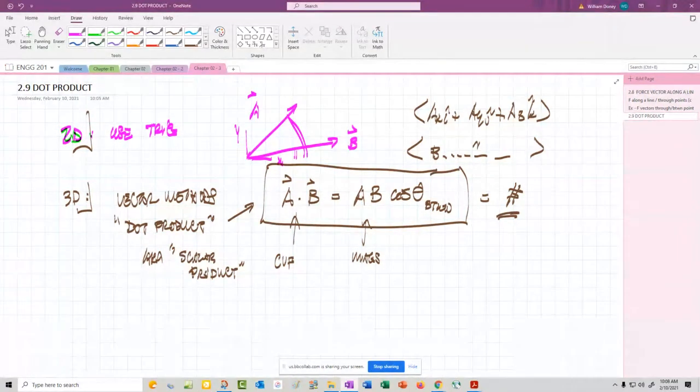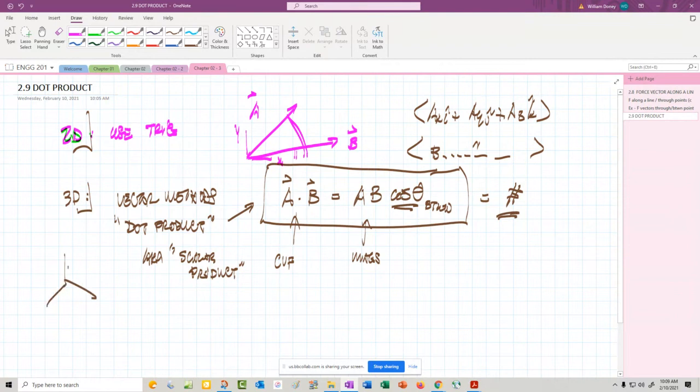Now, what's nice about this is really, it's very simple. When we dot this, what it really means is we're using the cosine, and for our 3 dimensions, X, Y, and Z, these are all mutually perpendicular. So unless I'm multiplying the X of the first vector with the X of the second vector, anytime I go X to Y or X to Z, that's at 90 degrees, and cosine of 90 equals 0.